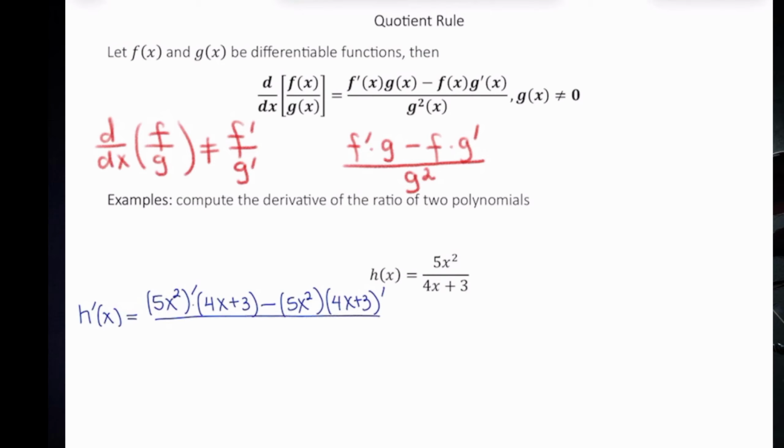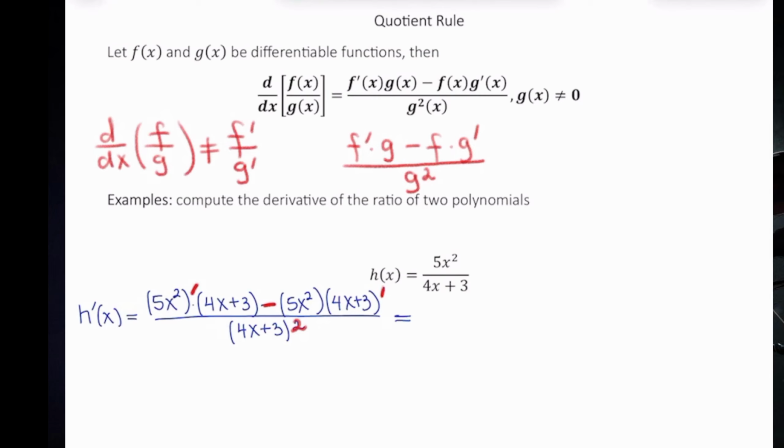And then divide this expression by 4x plus 3 squared. Let me emphasize the important parts of this formula. I want to make sure everything matches. That looks good. Now I'm going to proceed with computing derivatives.